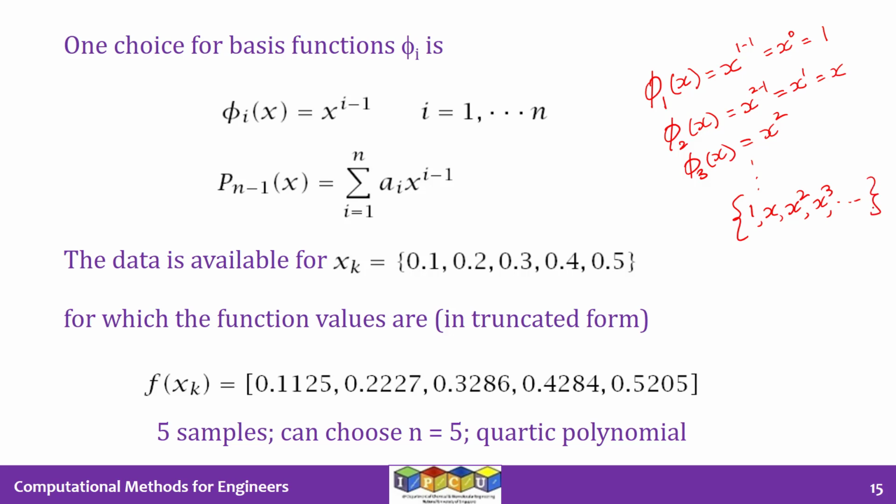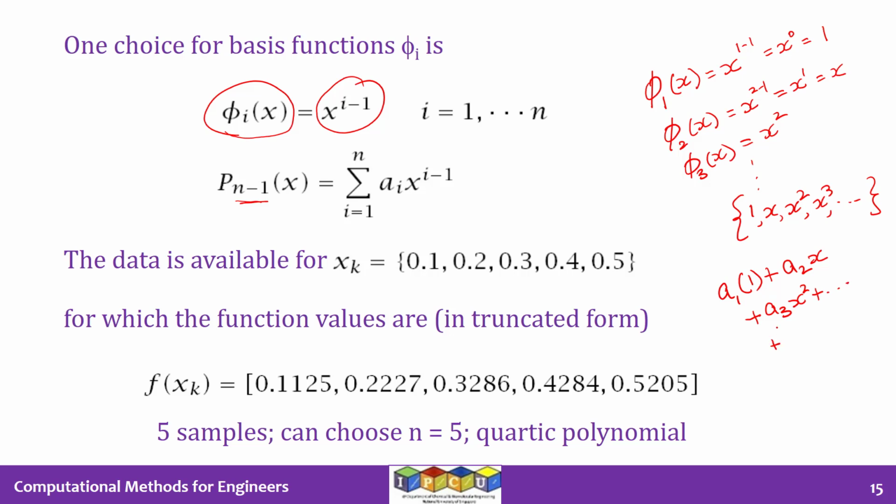If I choose this, then a polynomial of order n minus 1 can be constructed by choosing my phi of x, the basis functions, to be x to the power of i minus 1. So a1 psi 1 of x, so a1 times 1, plus a2 times psi 2 of x, so a2 times x, plus a3 times psi 3 of x, so a3 times x squared, and so on.